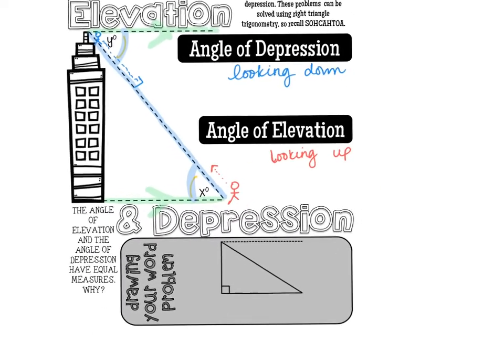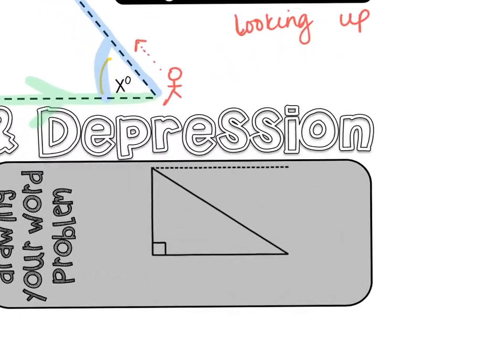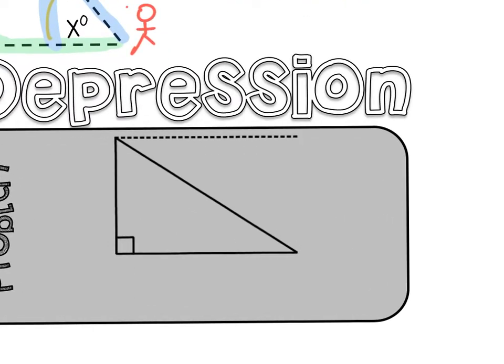And so maybe that might be a little bit easier for you if you want to always think in terms of elevation. You can identify that angle, and then put it on as an elevation versus depression. Okay. And so if I have this little picture here, up here, this will be my angle of depression because I'm looking down.